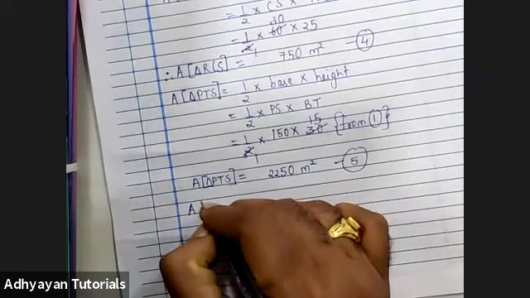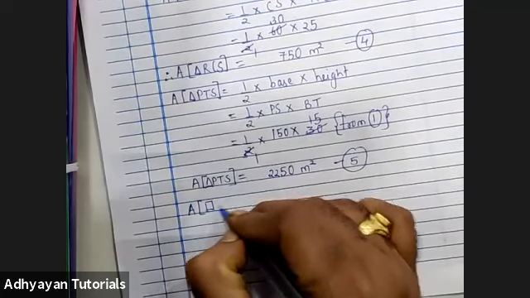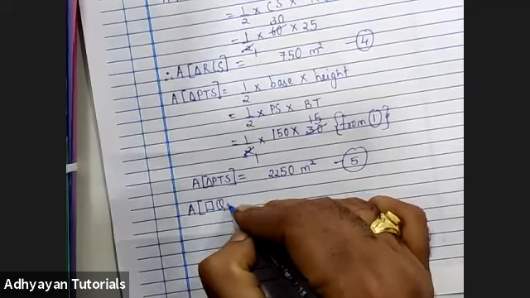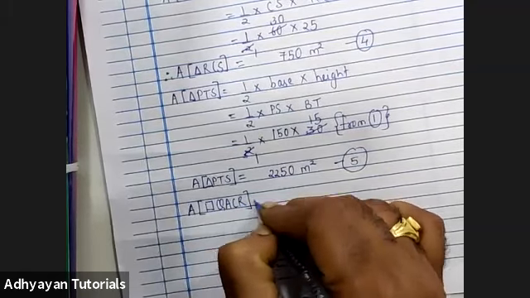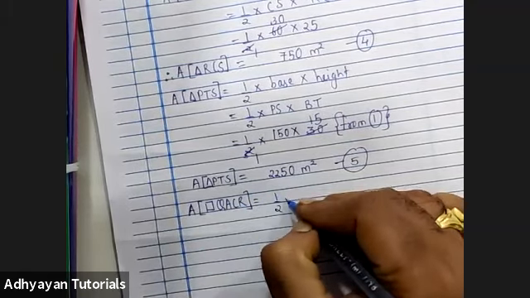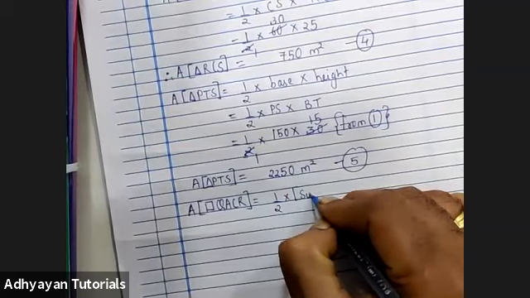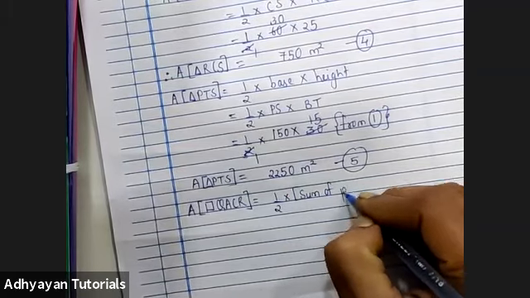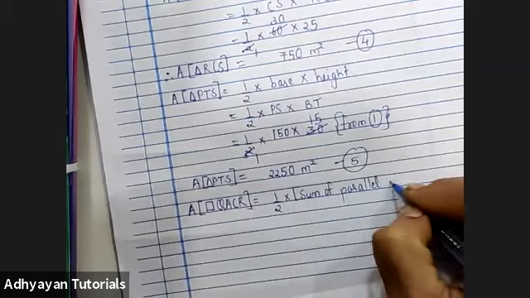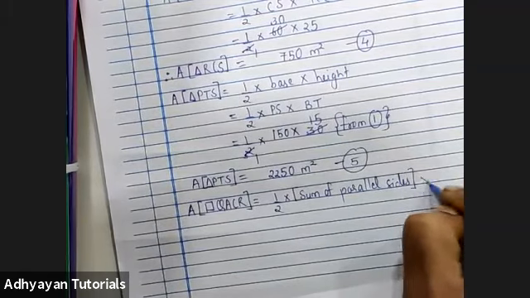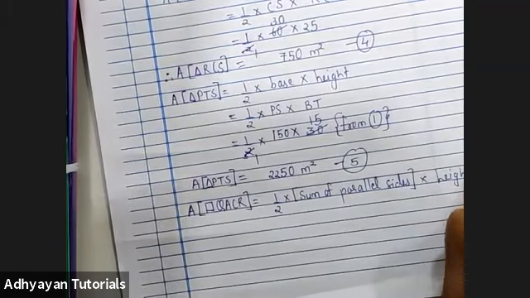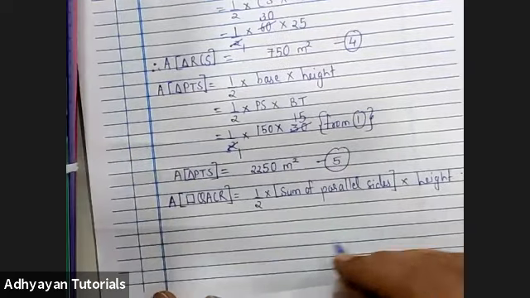So area of quadrilateral or trapezium QACR will be half into sum of parallel sides into height. I hope all the kids remember the formula, right?